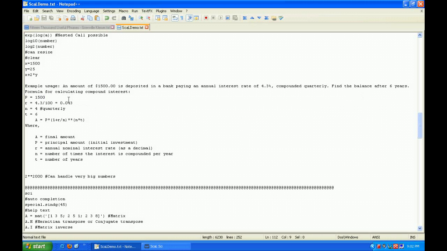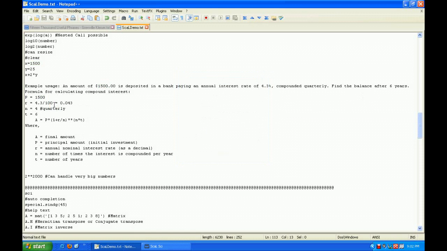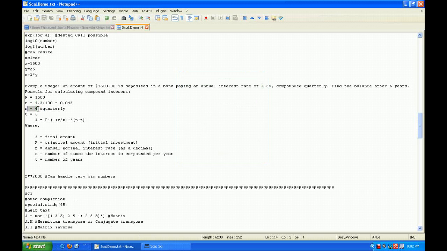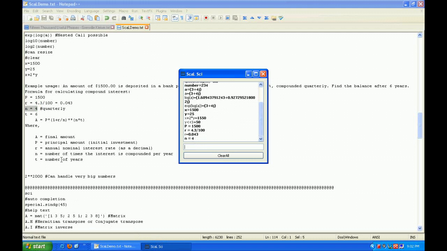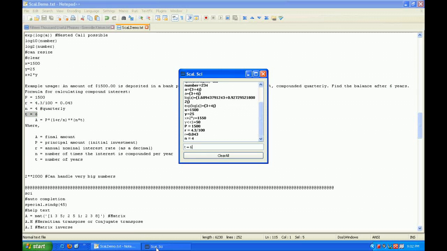That's something like this, where principal is 1,500, rate of interest 4.3, compounded quarterly, that is 4 times a year, and let's calculate for a duration of 6 years.